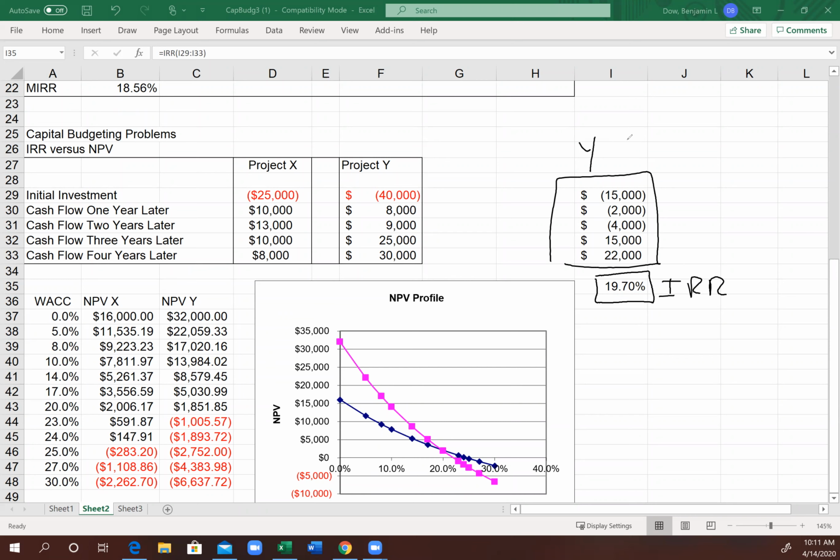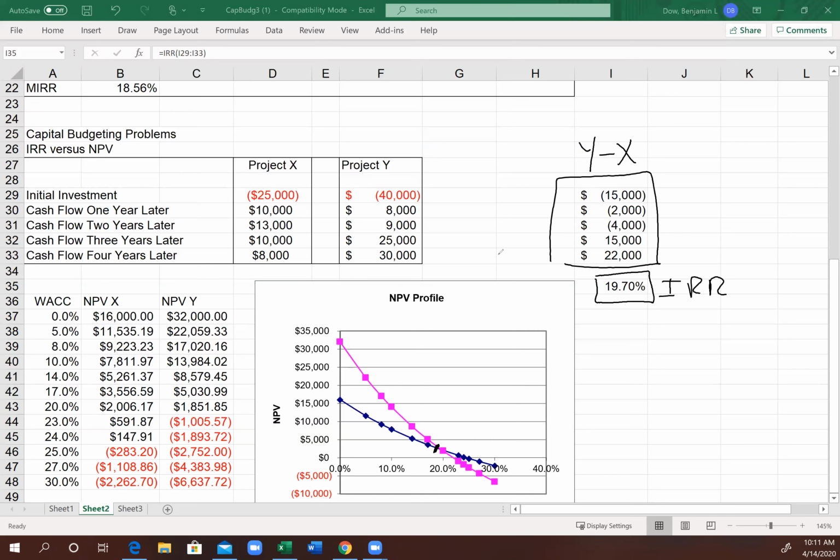This is Y minus X. And then I calculate the IRR of the difference, and that will give me the crossover rate. So by looking at this net present value profile, I can kind of look and see some of the differences between Y and X.